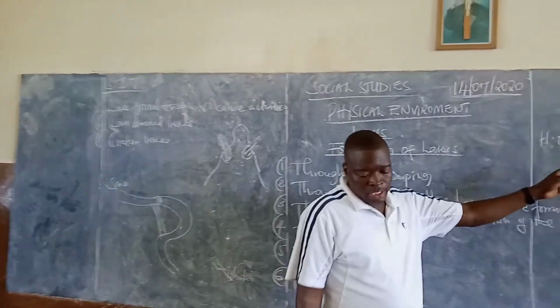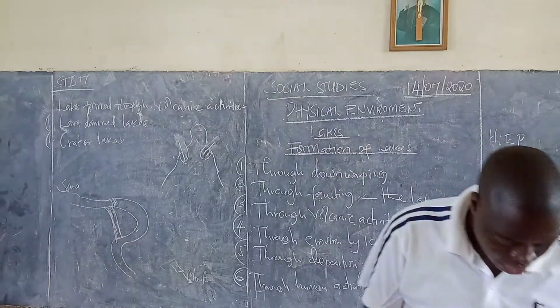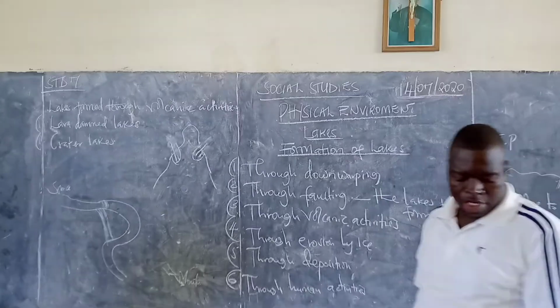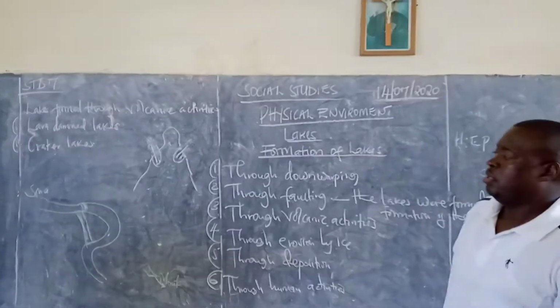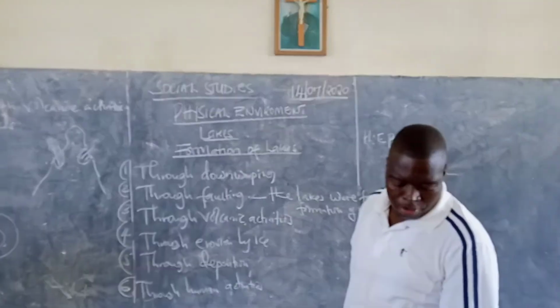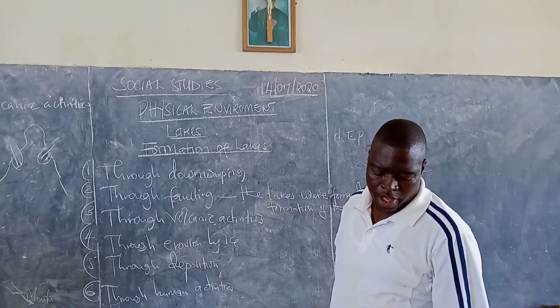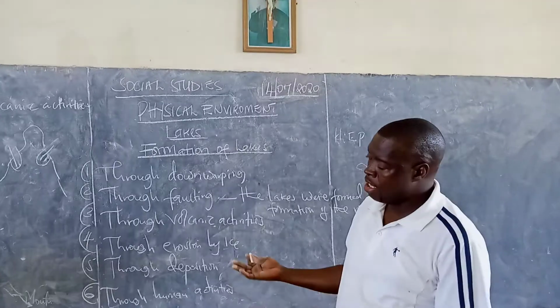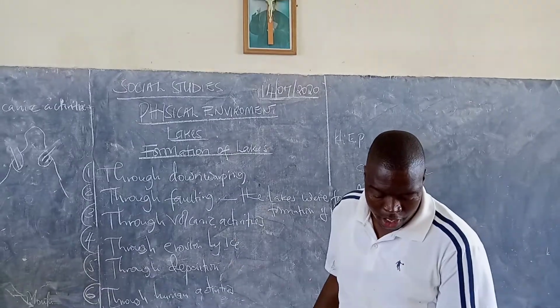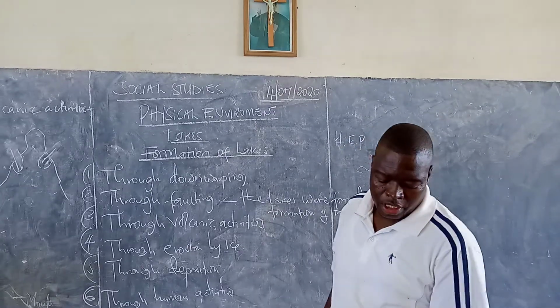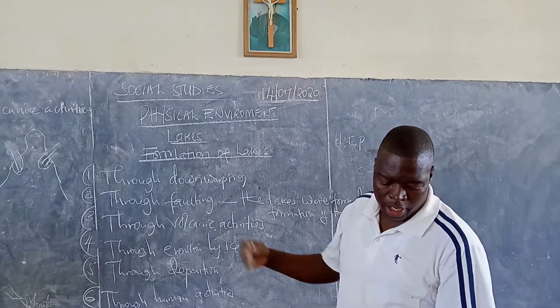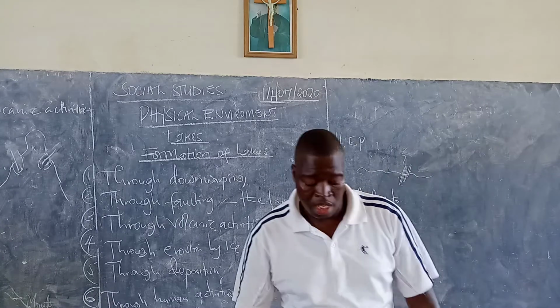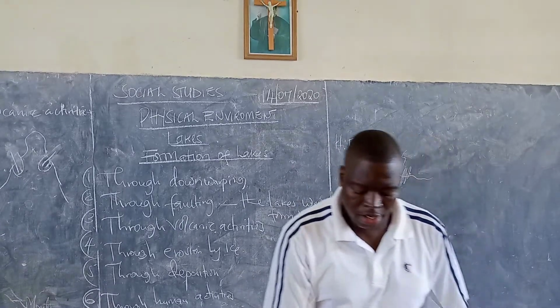So we are saying they are formed when a dam is constructed across a river. Examples of these lakes, we are looking at in Africa, not exactly in Kenya. We have Lake Masinga, this is in Kenya, along River Tana. We have Lake Volta on River Volta.